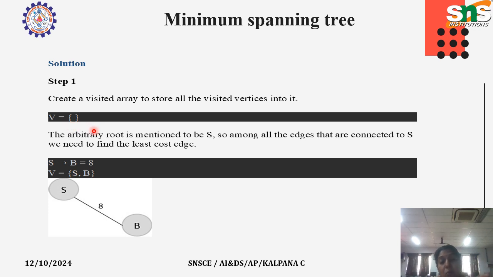I am choosing the source vertex as S, and I have to find the adjacency of the source vertex, which means S is connected with the adjacency of S. Among those two vertices, I have to find which one is having minimum cost. So here S and B has less cost, 8. So I am adding S with B.